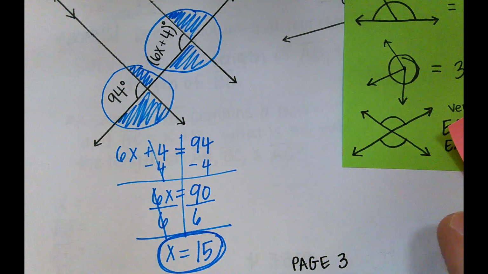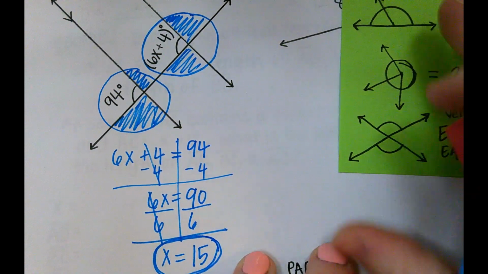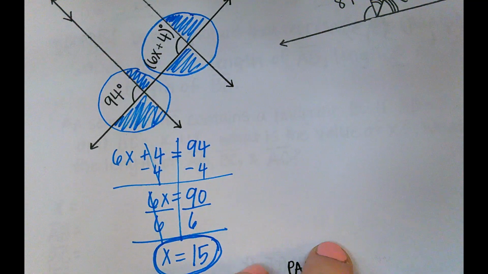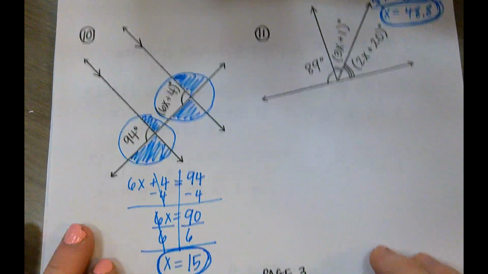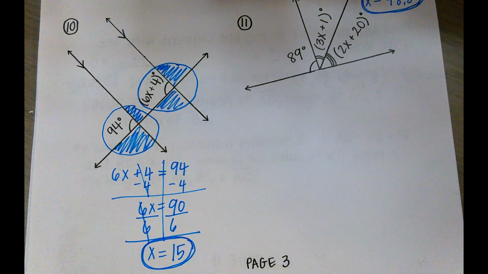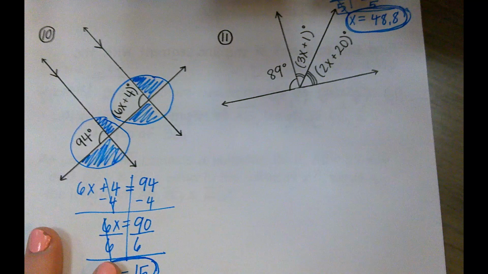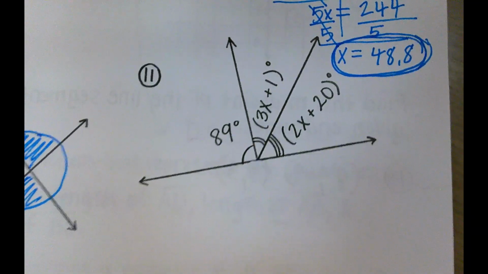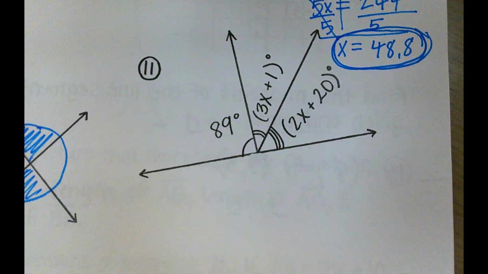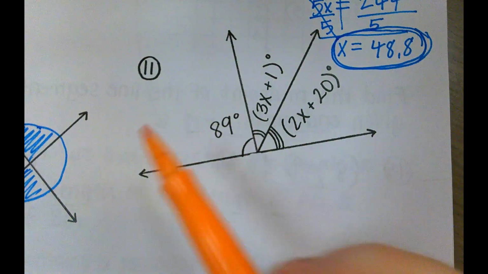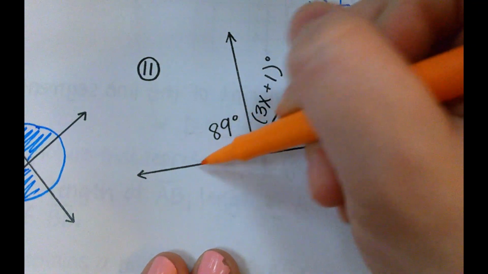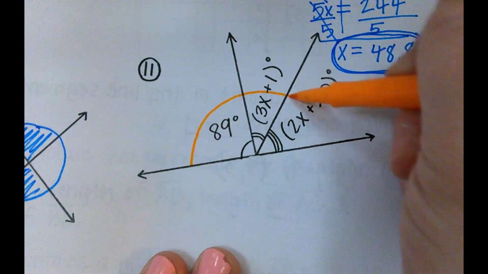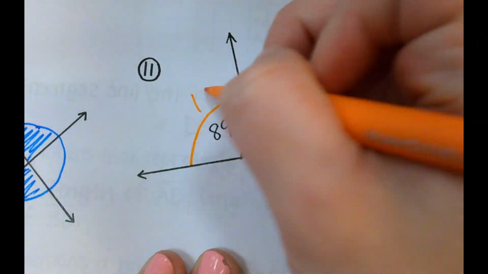Now we've got that one. I think there's just one more angle problem, and that's number 11. So for number 11, what's happening? 180. We have a straight line, a flat line. Remember, if it helps, you could draw that half circle, and we know that that's 180.